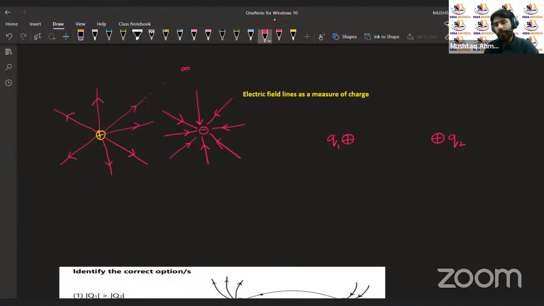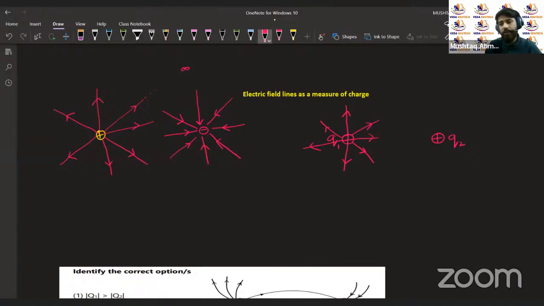Electric field lines as a measure of charge means that the more electric field lines originating from a positive charge or terminating on a negative charge, the greater the magnitude of the charge. Suppose these are the electric field lines originating radially outwards from this positive charge.